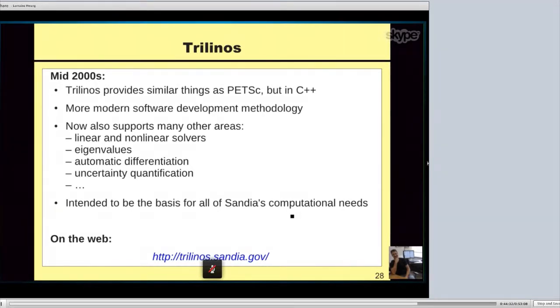So I personally am a big fan of Trilinos because I like the C++ style more than the PETSc style, but both of them are very high quality packages, and I think as far as basic functionality is concerned, PETSc and Trilinos are by and large equivalent.